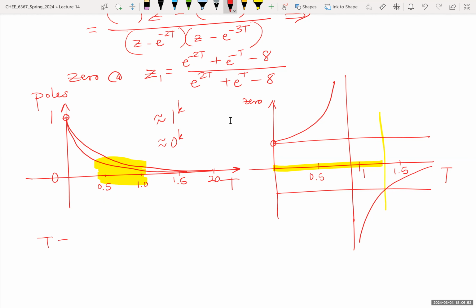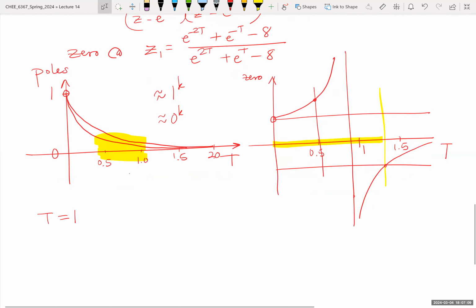So t is equal to 1. 1 appears to be okay here, right? As does 0.5. I have something like this here. So let's take, which sampling here? 0.5 here. This is a good one. So let's try to design a controller based on 0.5 and see what problem we may encounter.